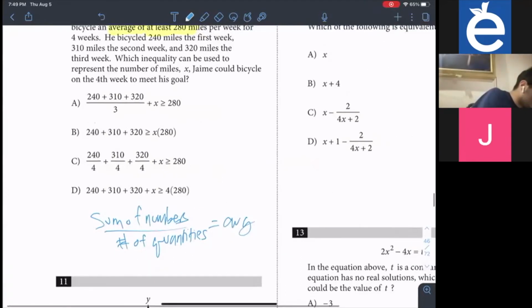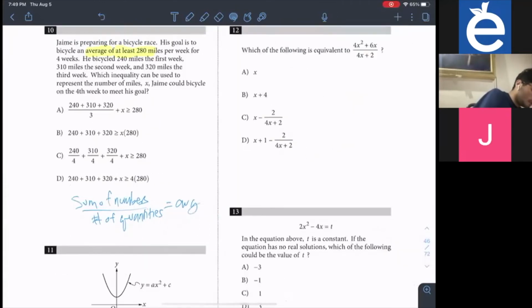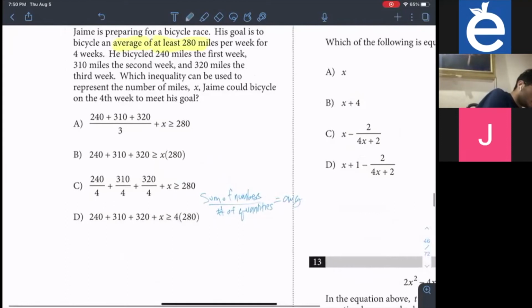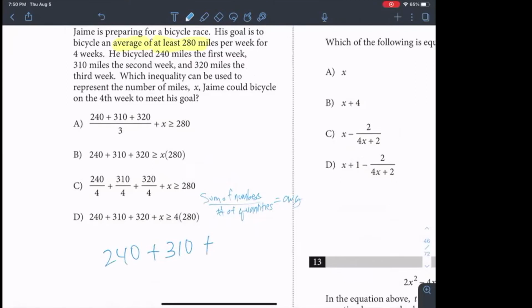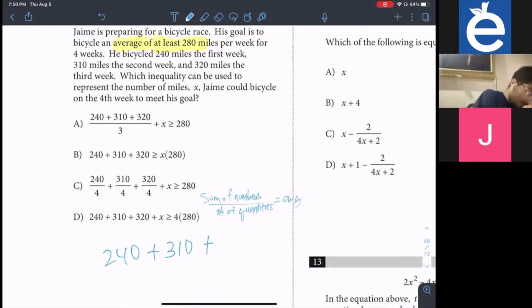Okay, so in the question it says, bicycled 240 the first week, 310 the second week, 320 for the third week, and then we don't know the 4th week because that's what it's asking for.